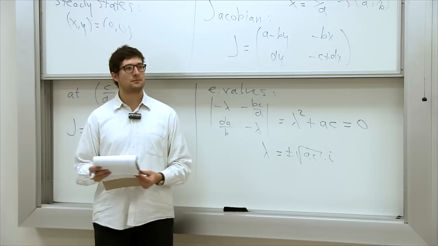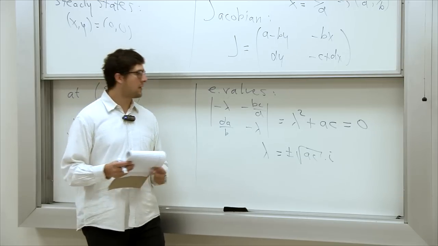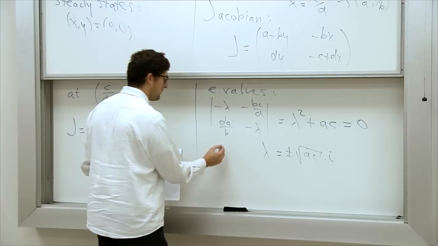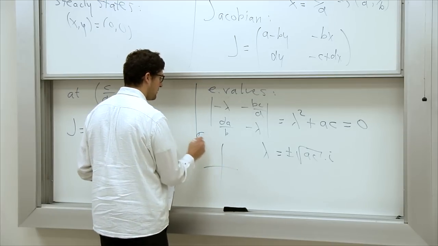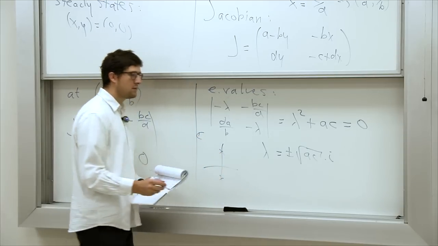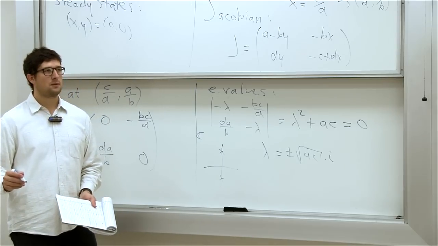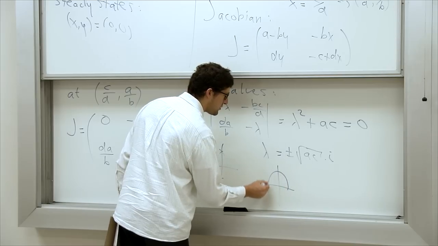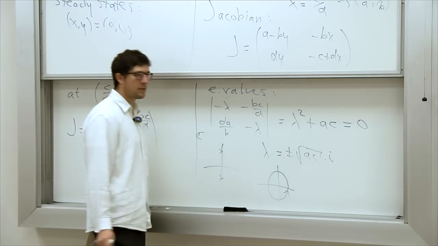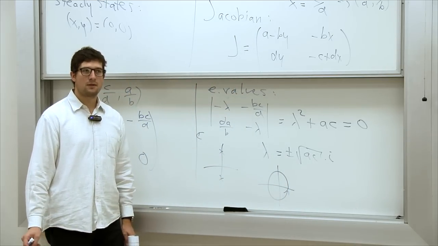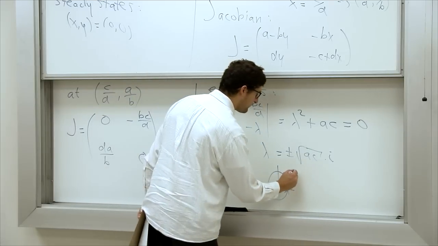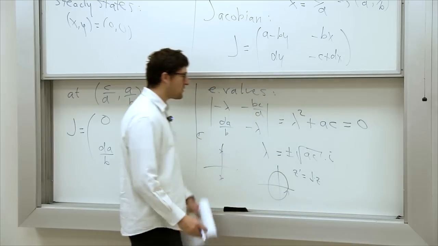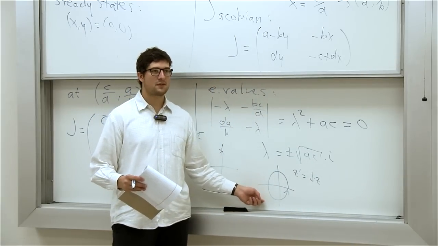They're imaginary. Because they're imaginary, the dynamics is what? Around the linearization. The linearization looks like this, right? This is the system Z prime equals J times Z, the linearization of the system around that steady state.